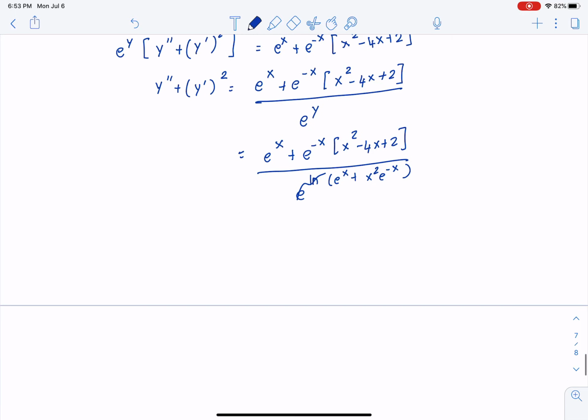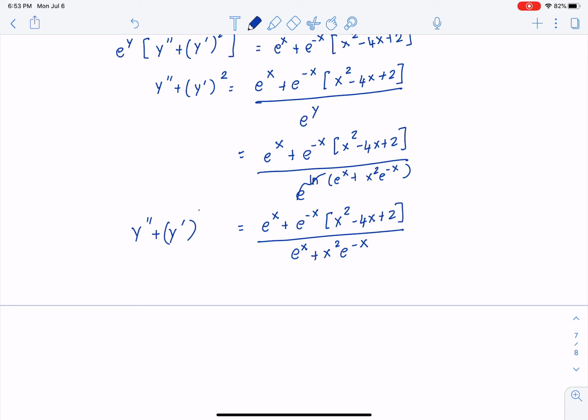Those two would go away, and we will have e raised x plus e raised negative x times x squared minus 4x plus 2 divided by e raised x plus x squared e raised negative x. And that would equal y double prime plus y prime squared.